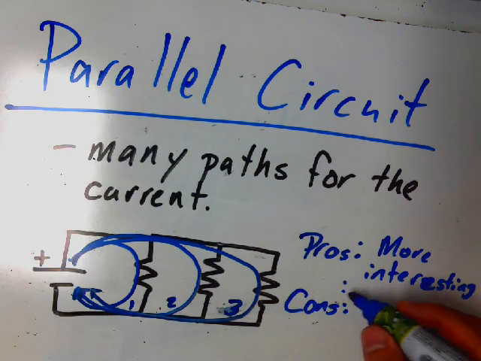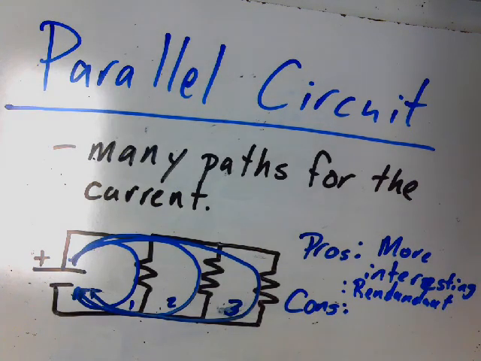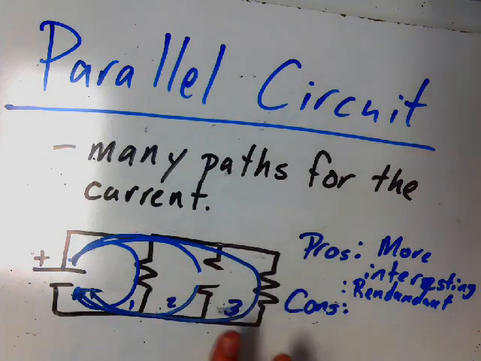The other pro would be that they are redundant. They don't easily break. If one part blows out, the rest of it starts working, right? If I take away this resistor, if this resistor blows out, the other two are not even going to notice.